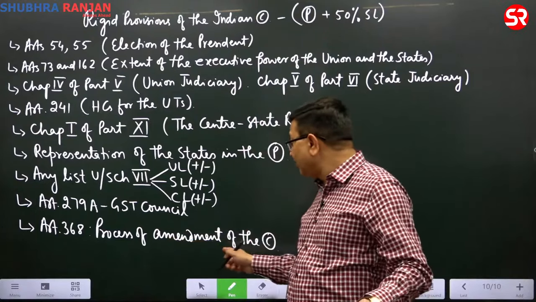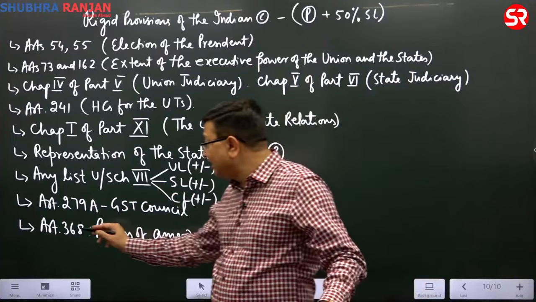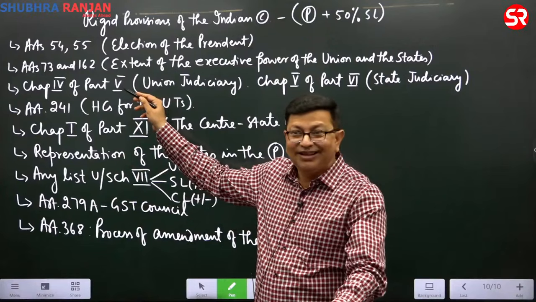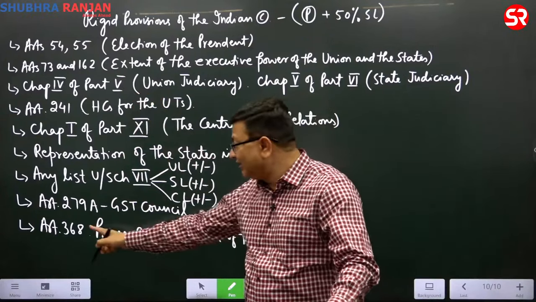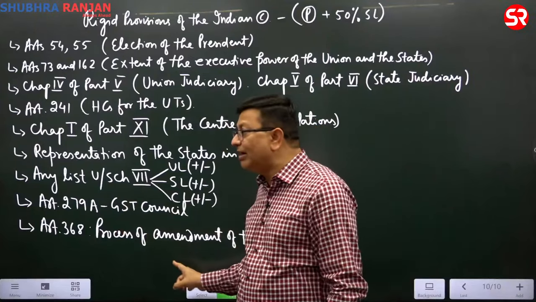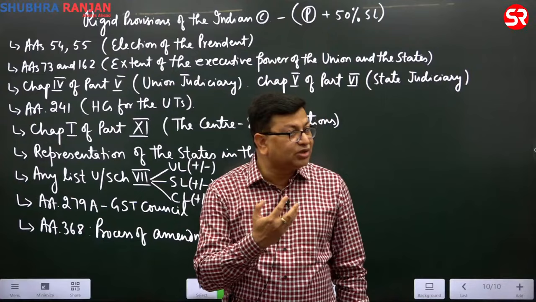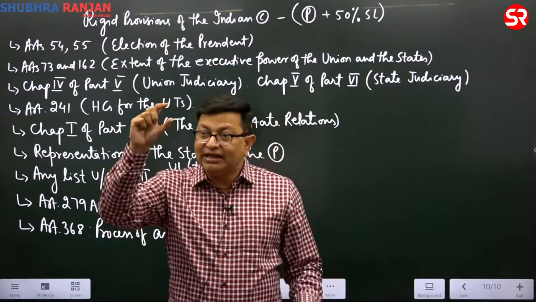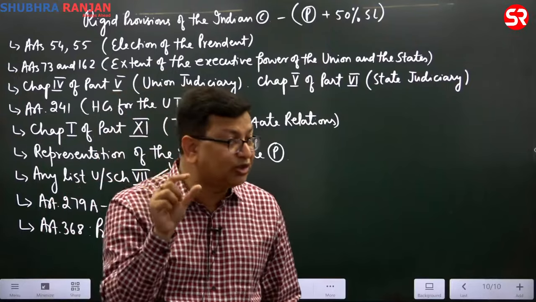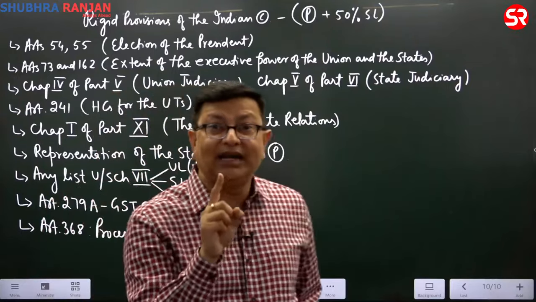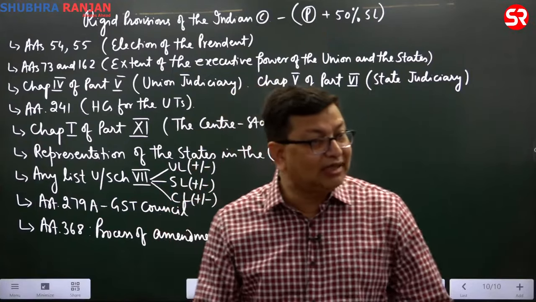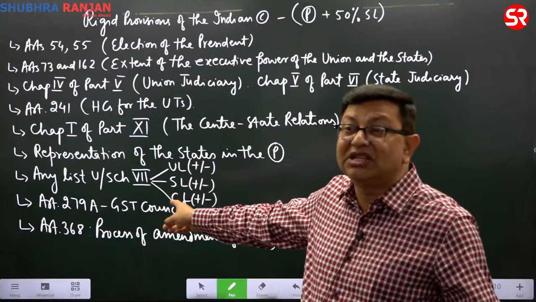And the process of amendment of the Constitution, Article 368. All the aspects that we have written here are mentioned in Article 368. Article 368 deals with the process of amendment, how the Constitution will be amended. And in Article 368 it is mentioned that these provisions of the Constitution, after being amended by the Parliament by special majority, require ratification by half of the states.